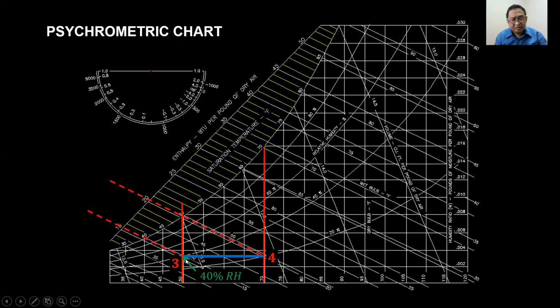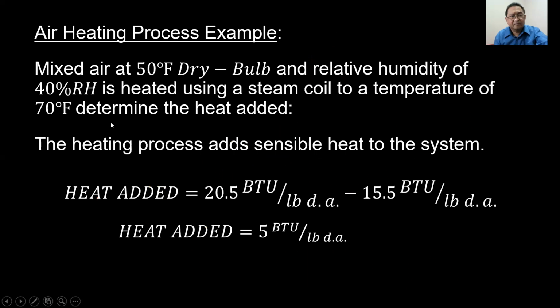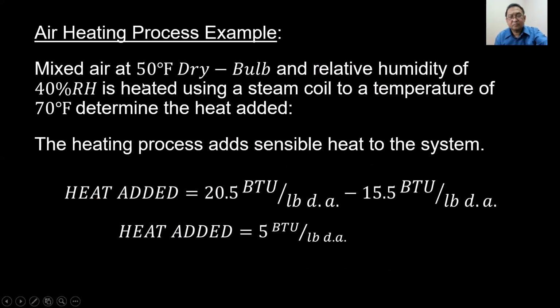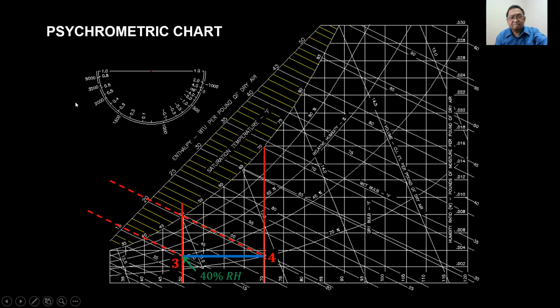At point 3, the total heat is a little more than 15, so we have 15.5 here, and at point 4 it will be equal to 20.5. So 20.5 minus 15.5 is 5 BTU per pound of dry air, which is the heat added to the system.